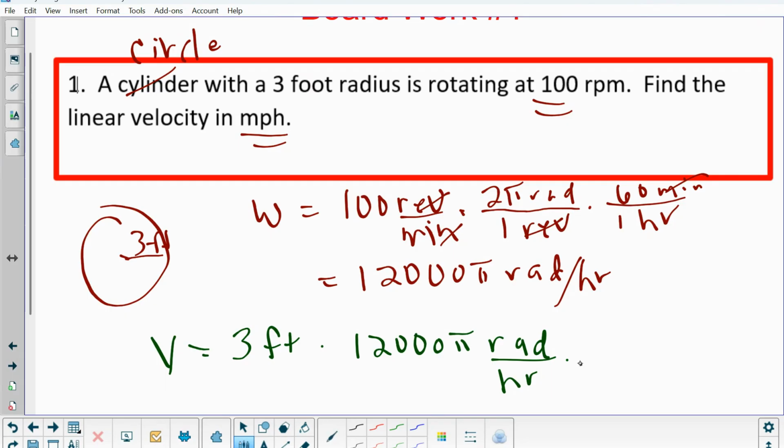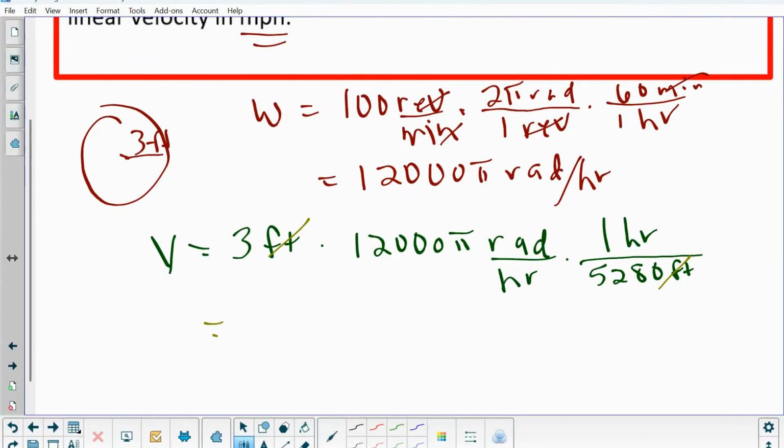So now I have to get rid of the feet, and there are 5,280 feet in 1 mile. And I'm trying to get rid of the feet, so the feet are going to go in the denominator. So get rid of those, and I'm going to go ahead now and multiply the pi through, but this way I didn't have to worry about the decimal and having it be wrong when I typed it in the second time.